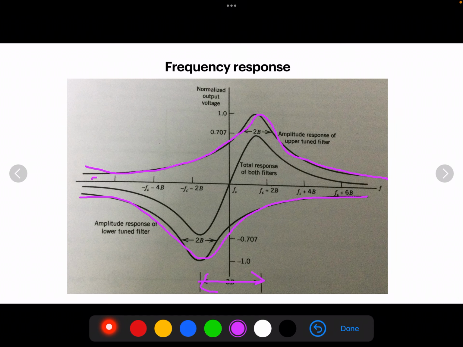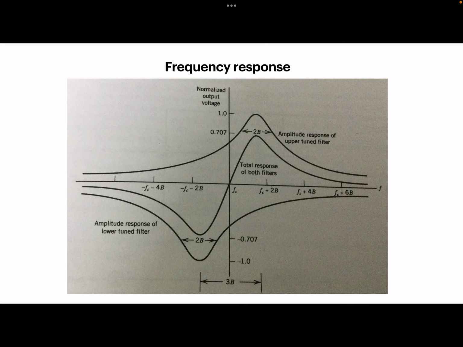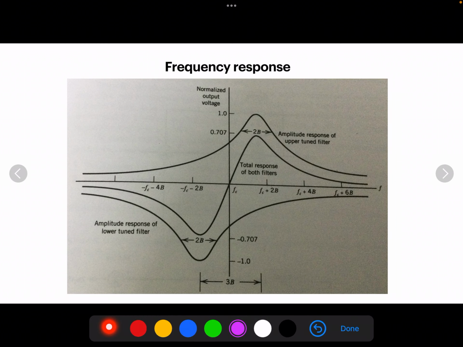So VO1 is greater here, and here VO2 is greater, that is minus VO2. Combining these two responses, we will get a response something like this. This is with respect to the lower tuned filters, and this is with respect to the upper tuned filters.